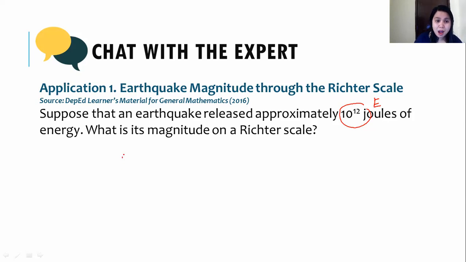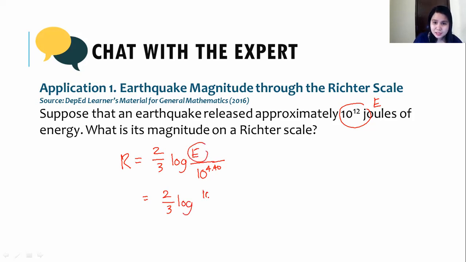That's going to be R equals 2/3 times log E over 10 to the power of 4.40. What's the answer? That's 2/3 times log. Our energy is 10 to the power of 12 joules over 10 to the power of 4.40. Give me a moment first.